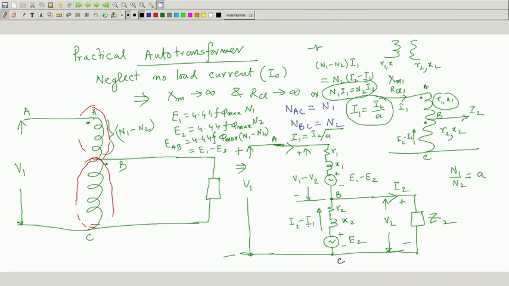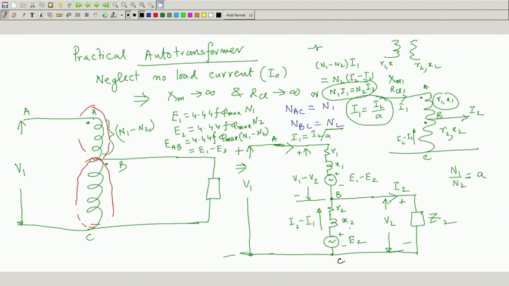The only transformer aspect to note is that the ratio of the induced voltages E1 minus E2 and E2 is N1 minus N2 by N2. But it can be handled that way.